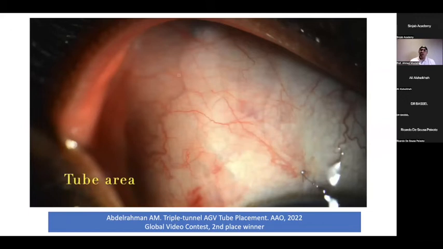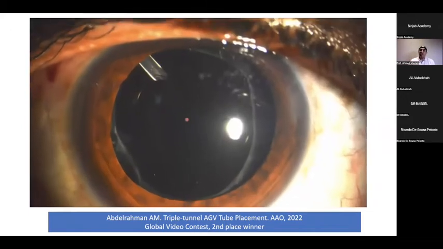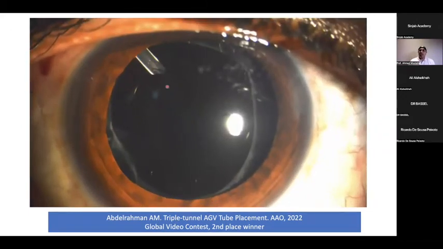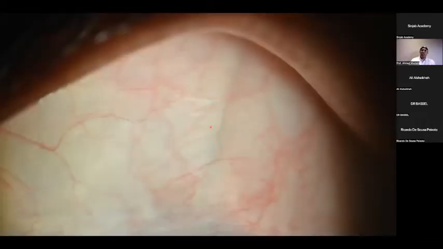When the implant is placed at 12 millimeters, it's far posterior. This was a pseudophakic patient, and you can see the tube coming behind the iris as well. When you look at the conjunctiva and the tube, nothing is seen. In most patients, the only visible part is the intraocular part of the tube, because the implant is very posterior.